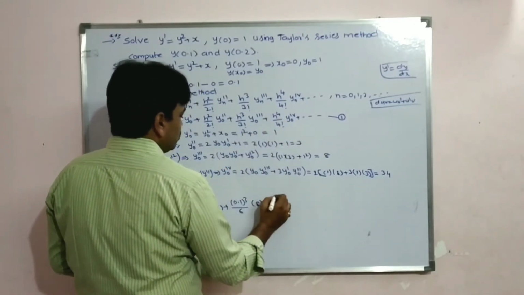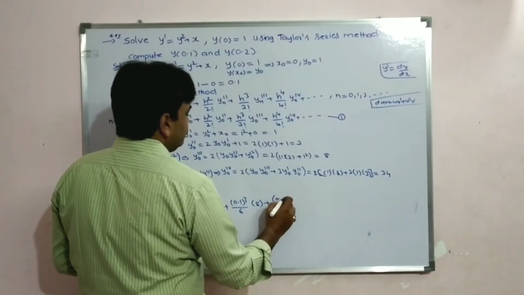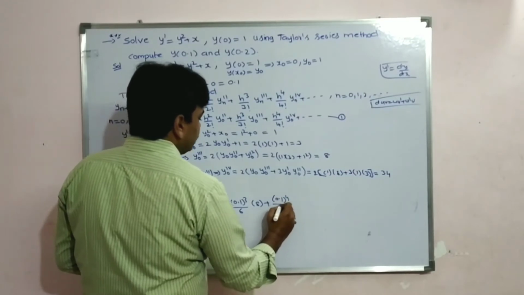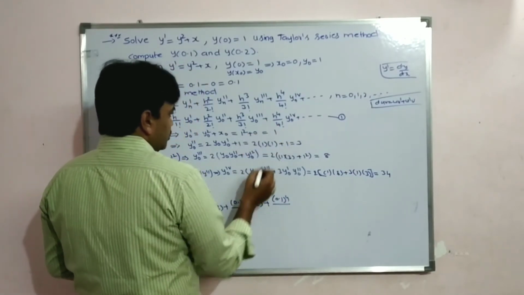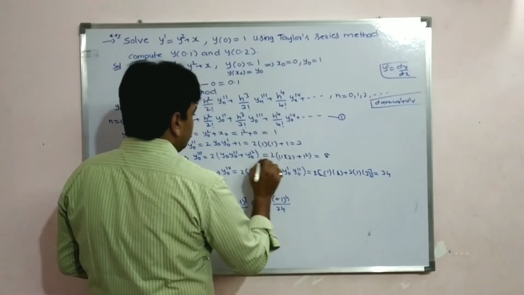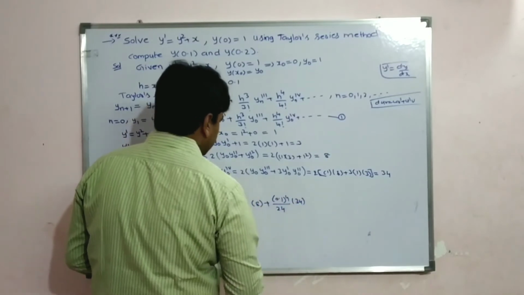H power 4 means 0.1 power 4 divided by 4 factorial. 4 into 6, 24 into y naught power 4 value 34, students. 34.